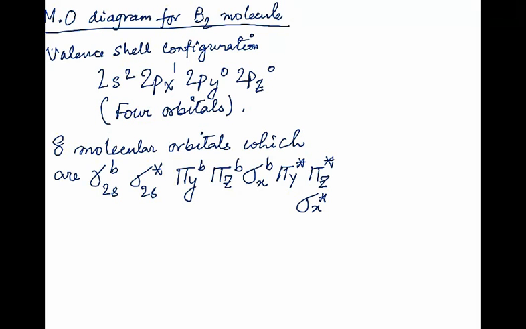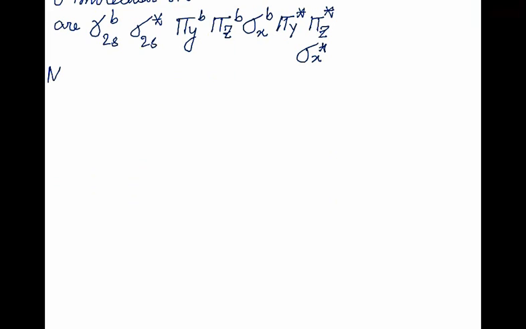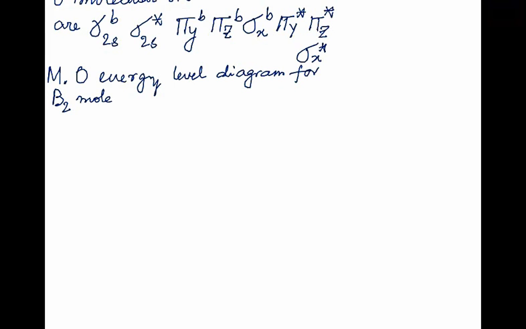So these are the 8 orbitals that are normally formed by the overlap of the 4 valence shell orbitals of the 2 boron atoms. Now we can draw the molecular orbital energy level diagram for the B2 molecule.